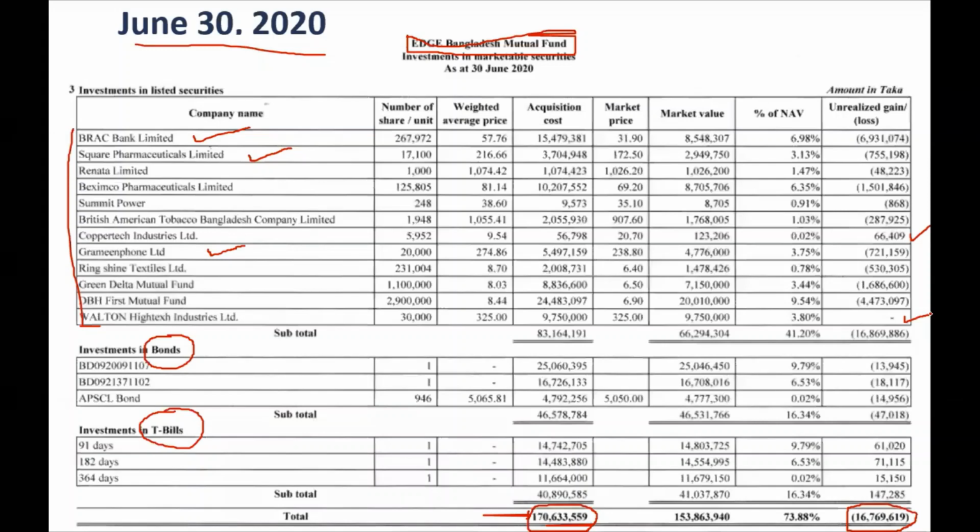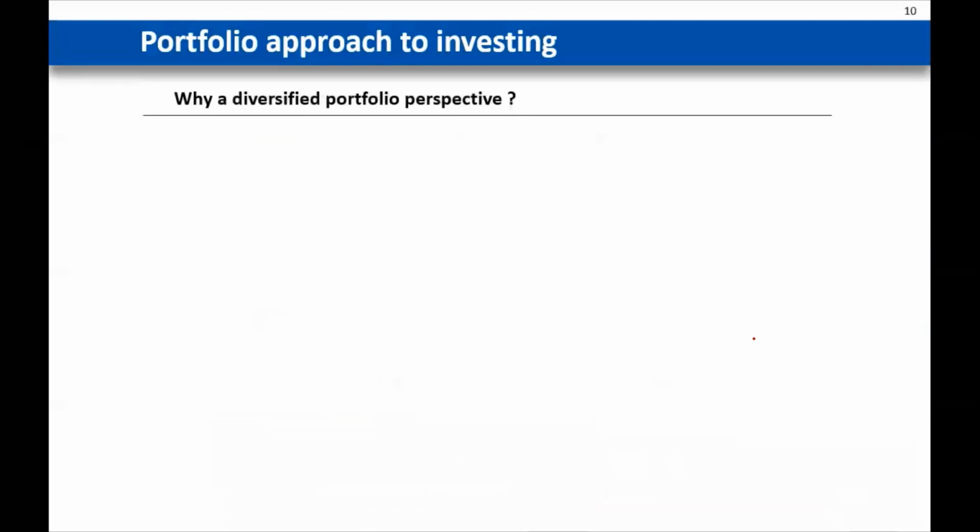It is giving a handsome amount of gain to the people who invested in or who have got the opportunity to invest in Walton Hi-Tech. So we are not elaborating the discussion on that. So have you got the portfolio picture that investors don't invest only in a single instrument, but invest in more than one instrument? Okay.